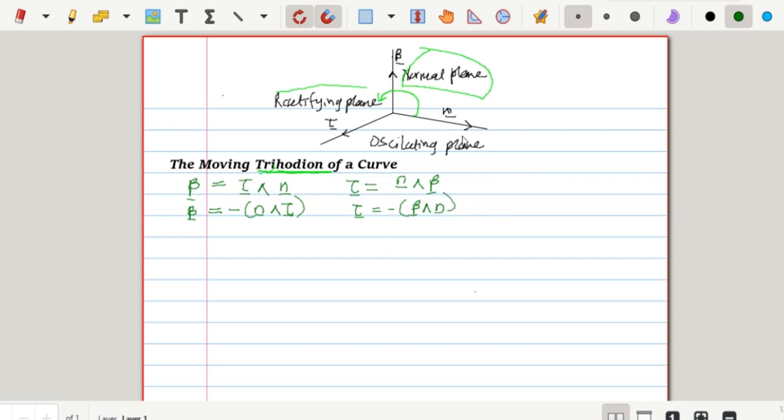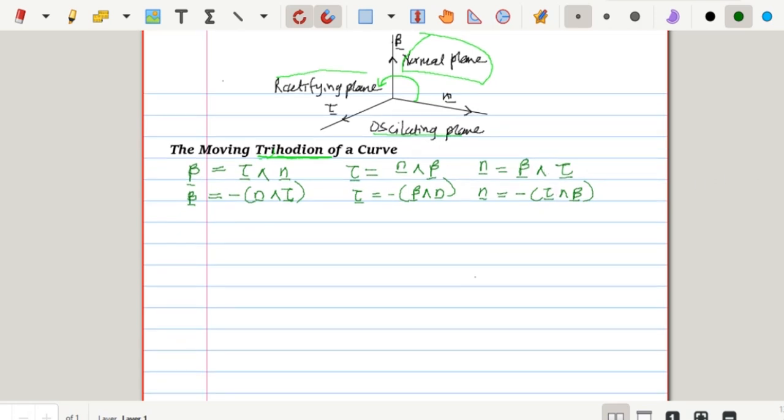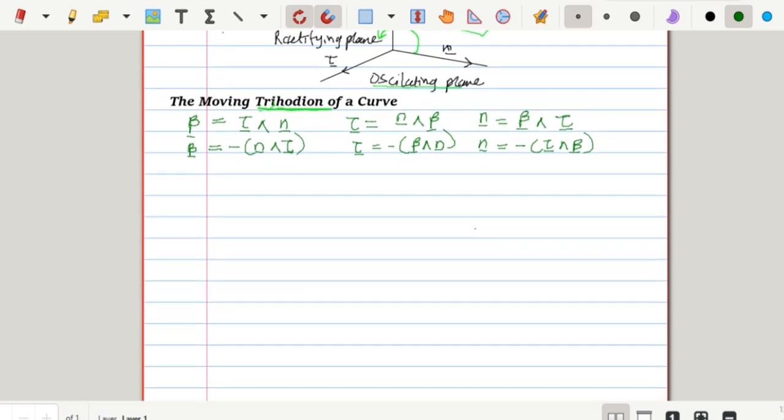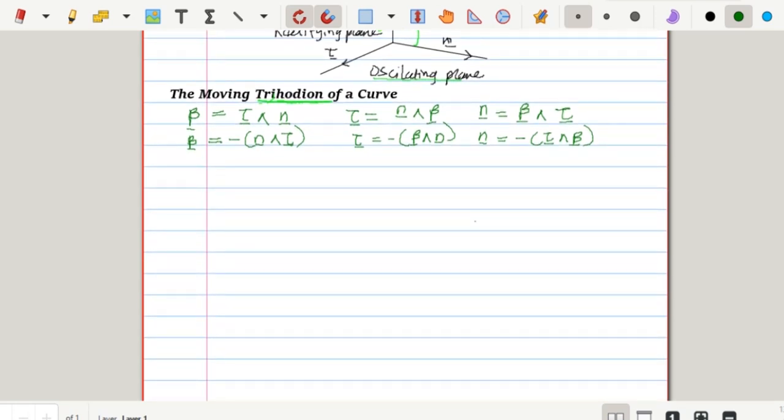For the last one, the osculating plane, we are going to have our n to be beta cross tau, which could also be written as minus tau cross beta. So take note of these formulas. They are very important formulas.